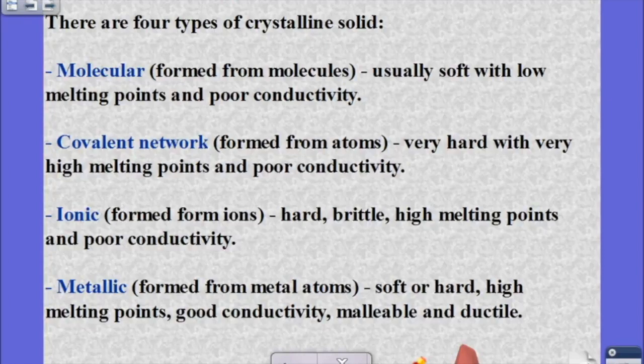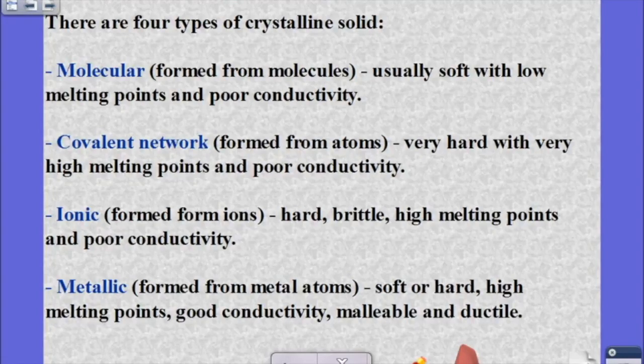Examples are carbon, like your diamond, silicon dioxide, which is the same as sand, and silicon carbide. Ionic, formed from ions. They are hard, brittle, with high melting point and poor conductivity. They conduct only when you dissolve them in water or melt them. They do not conduct electricity in a solid state.